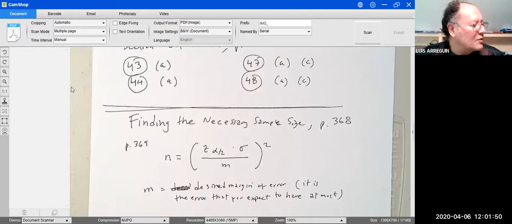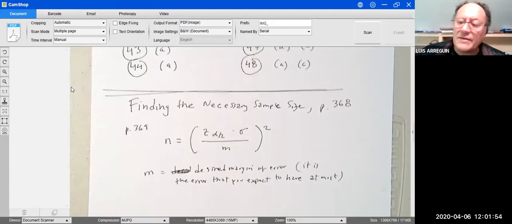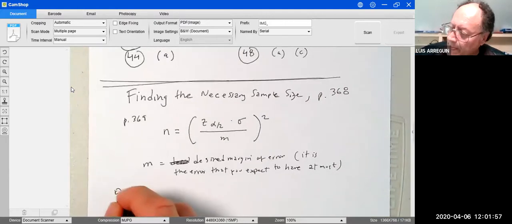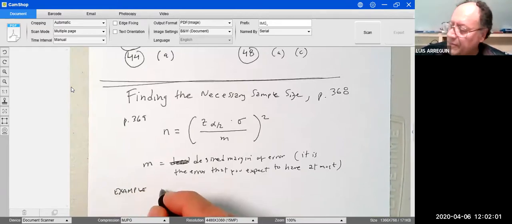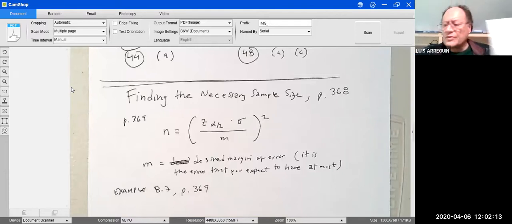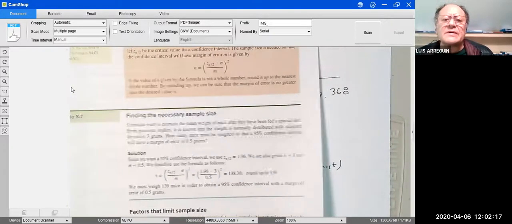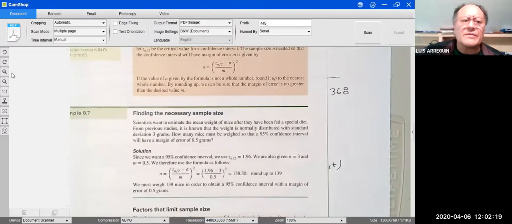So I'm going to solve a problem just for you to see how to apply this formula. So we're going to solve example 8.7 on page 369. So in this problem, I'm going to project the problem first. So example 8.7.